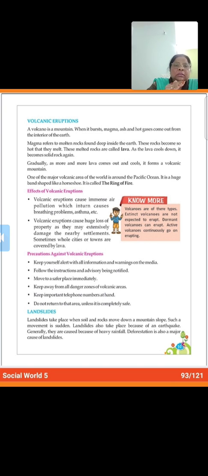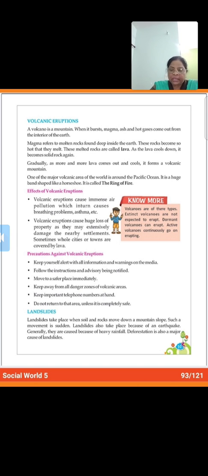All 4 are mixed. Okay, and when this underground magma heats up, it melts, and the gas cannot resist the pressure, and it bursts out. Okay, so this is called volcanic eruption.